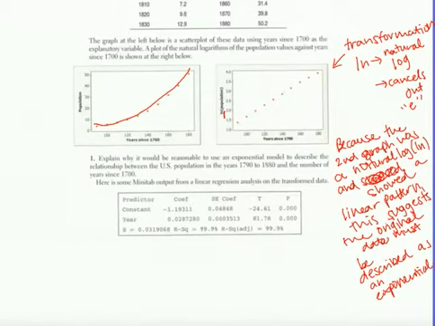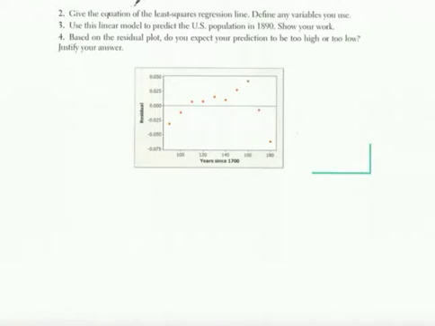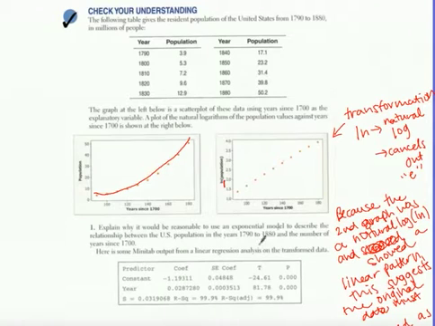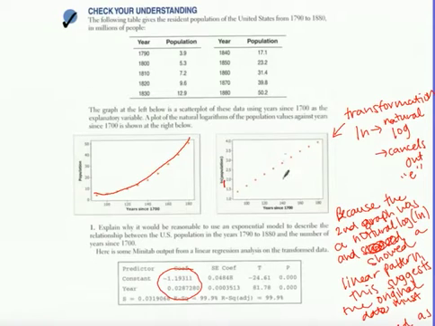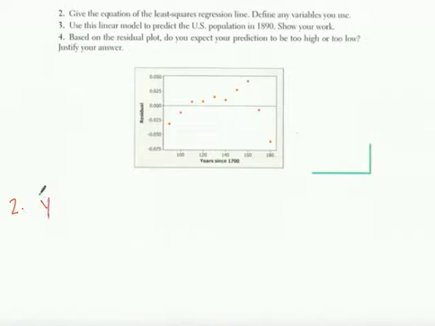That will be helpful because question 2 says, give the equation of the least squares regression line and define any variables that you use. So for number 2, we'll go back to our Minitab output, and we'll use this information here to write our least squares regression line. Now, remember that our least squares regression line is for this graph, which was the straight line graph, which was also the ln graph. So what we're going to do is instead of y hat, it's going to be ln y hat.